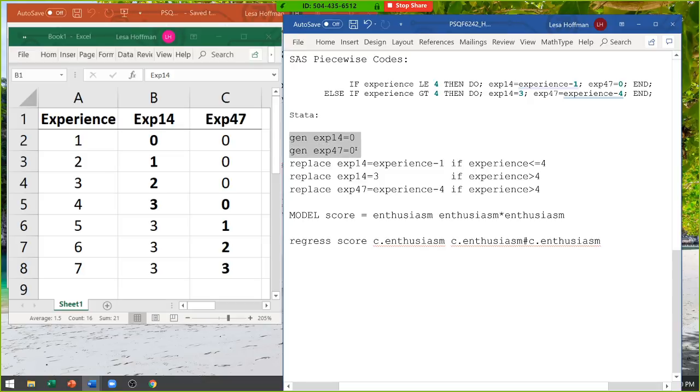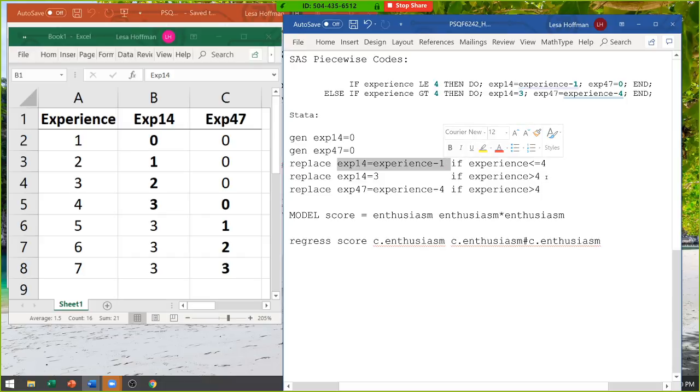For Stata, I'm initializing both new predictors to 0 and then selectively recoding them. So if experience is less than or equal to 4, then the new variable is experience minus 1.